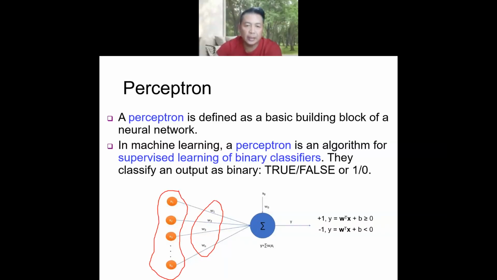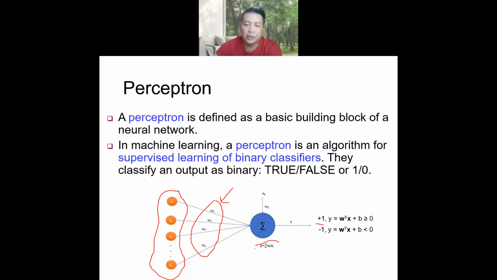During the training or learning session, we are looking at how to estimate the values of W1, 2, 3, 4 to N, so that the weightage we learn will consistently give you the right predicted output compared with the actual output.